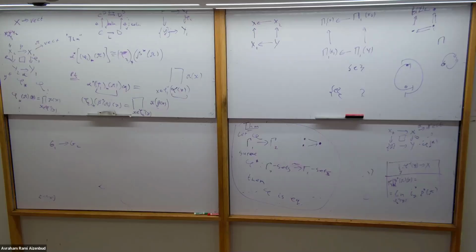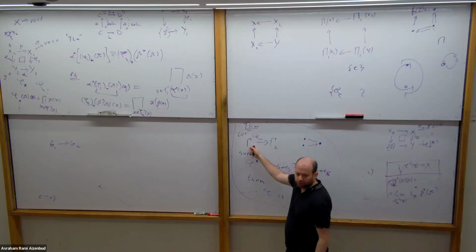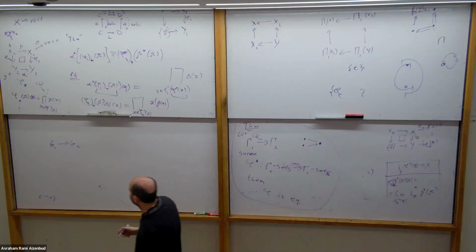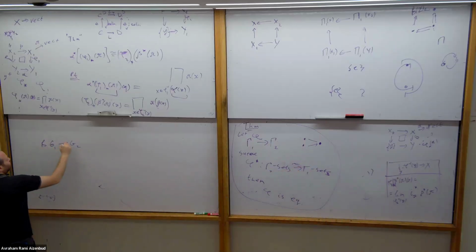So you can just concentrate on one isomorphism class and ask what phi does. So phi is just a map from BG1 to BG2. And now it's a statement in group theory.